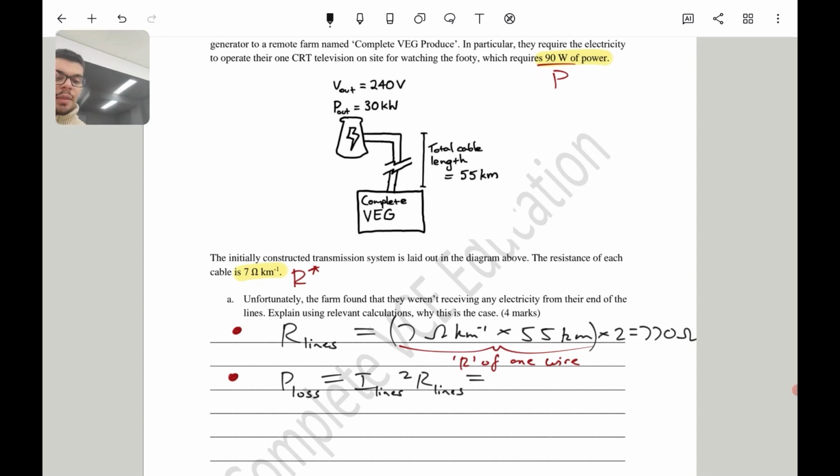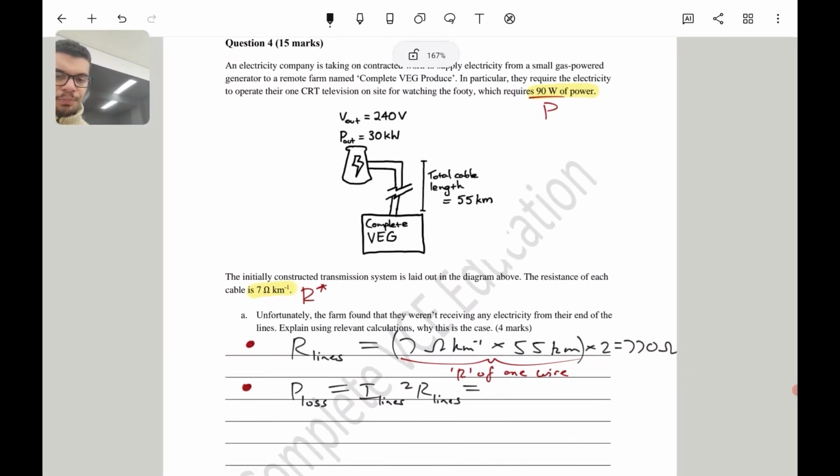And so that will be equal to, if we know what the current is, yes. Okay, so we can figure out the current using the voltage and the power. So we know the voltage is 240, the power is 30 kilowatts, and so we can combine these values and use the power formula.